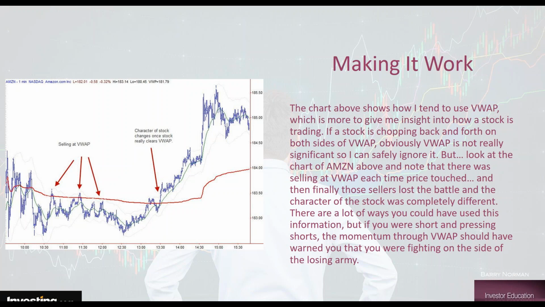But look at the chart of Amazon here to the left and note there was selling pressure at the VWAP each time price touched, and then finally those sellers lost the battle and the character of the stock was completely different. So you can see the selling at the VWAP line. So here the market is selling in.